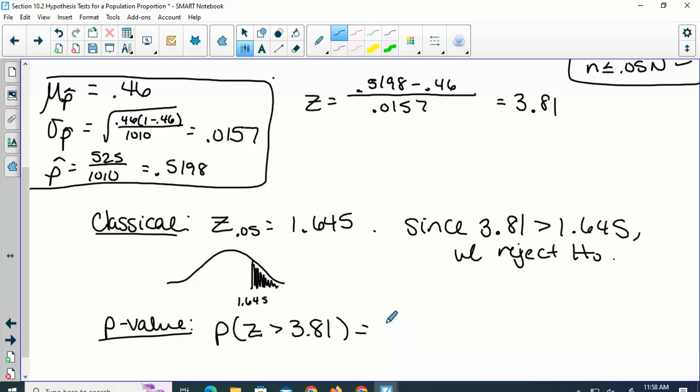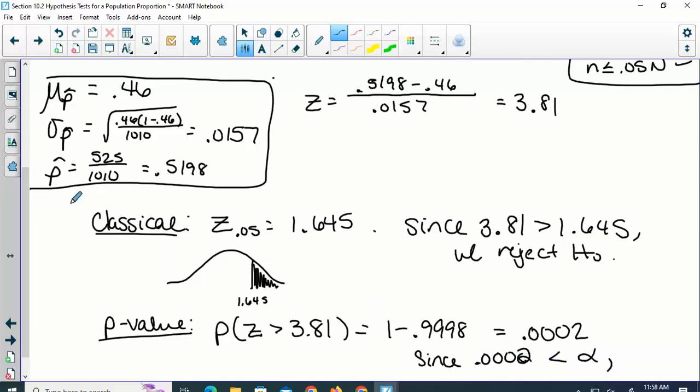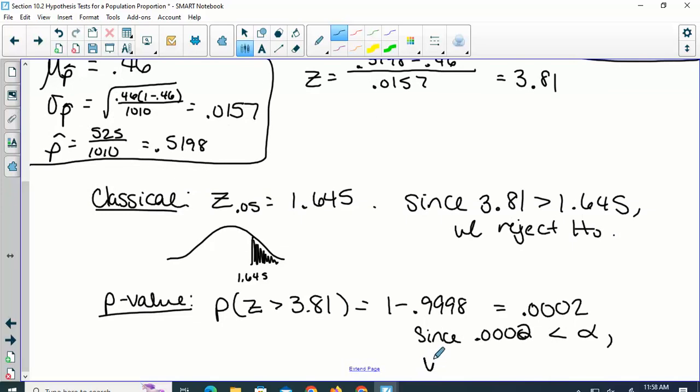Greater than, we do what? 1 minus. So at best, 0.0002, but we know it's really smaller because our table didn't go up that far. And so, since our probability is less than the alpha level, we reject.